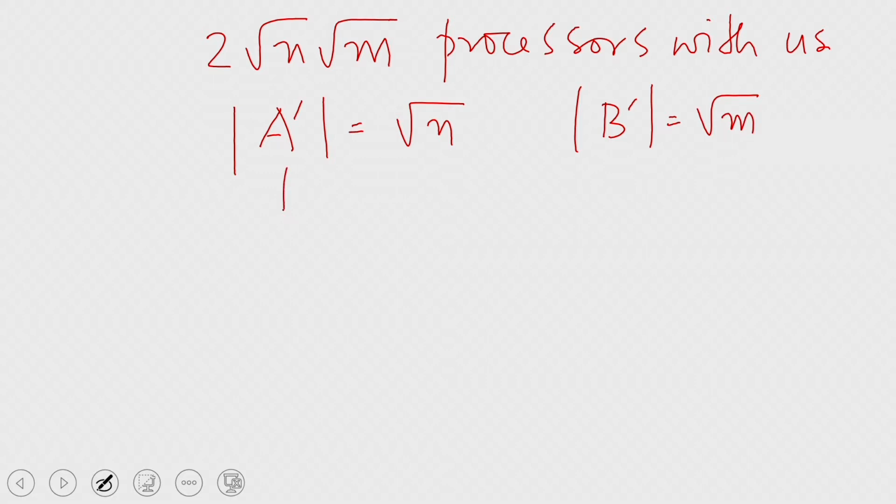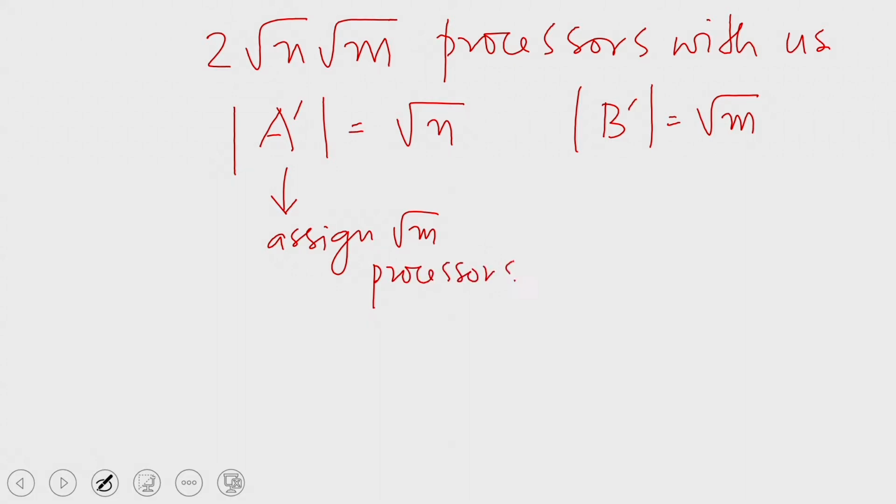Let us say to each leader of A prime, we assign root m processors. To each leader of B prime, we assign root n processors.